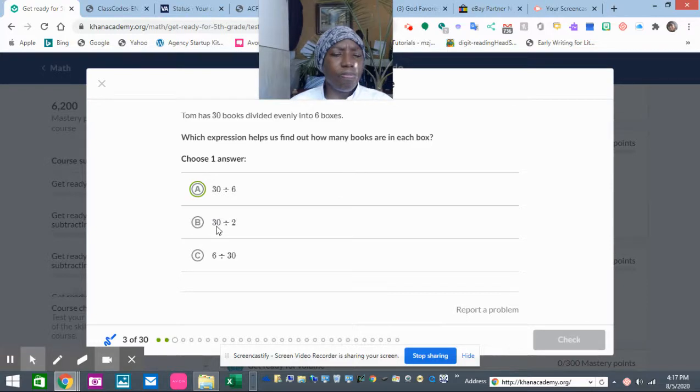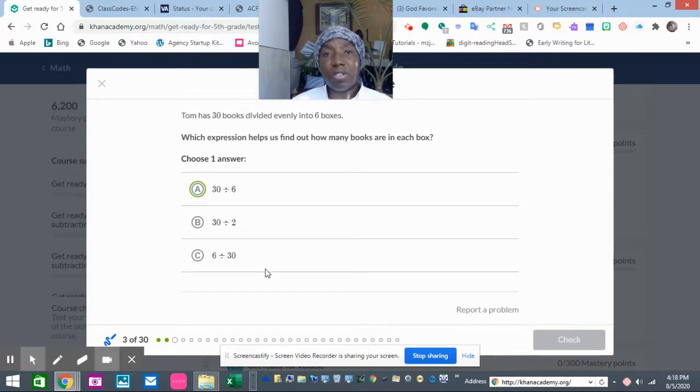Okay, you have 30 books divided by 2 boxes. Now, it didn't say nothing about 2. Or you have 6 boxes divided by 30 books. That's not going to work because you can't get 30 in the 6.